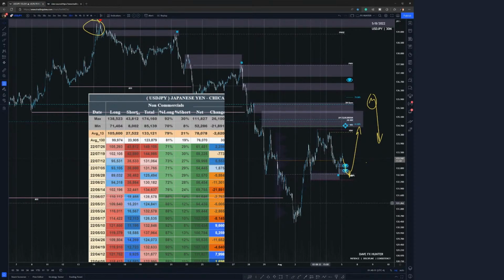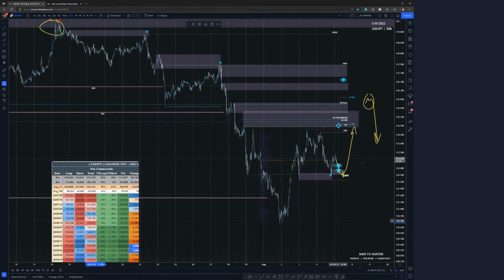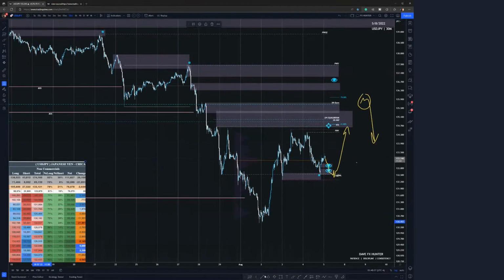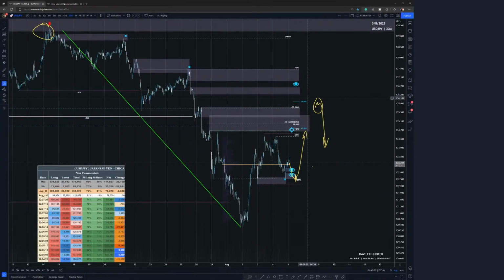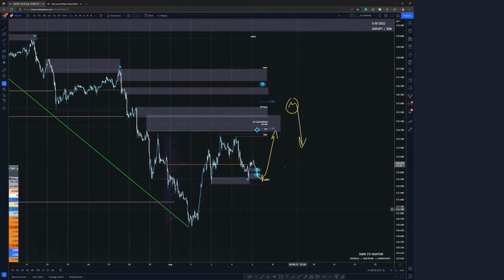So the USD JPY, in my opinion, is getting bearish. However, currently after this move, it's now making the pullback, right? So it will most likely make that pullback, and that's where we were looking for the long.